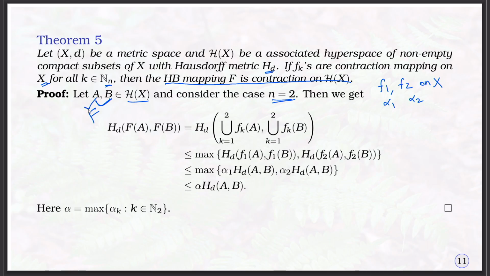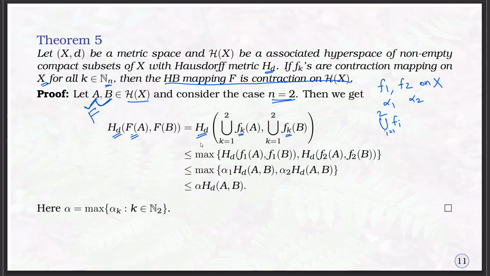So, let us try this for n equal to 2. For F of A and F of B, we need to find the Hausdorff distance. The Hausdorff distance between these maps, as per the definition of the map, is defined by taking the union of Fk of A and the union of Fk of B, k equal to 1 to 2. We know that each member is a contraction.